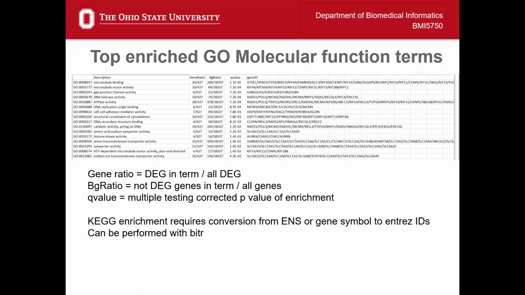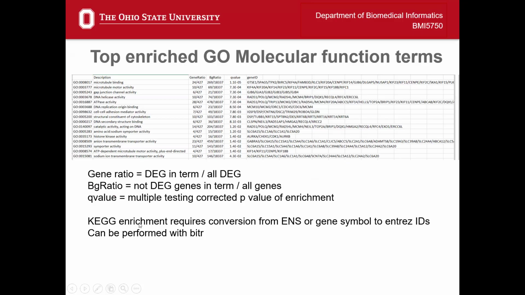It's also going to give you those numbers for the background, not DE genes in the term versus all genes. Here's our adjusted p-value. And then these are all of the genes in our differentially expressed gene list that are connected to the term. There will be 24 genes listed here.